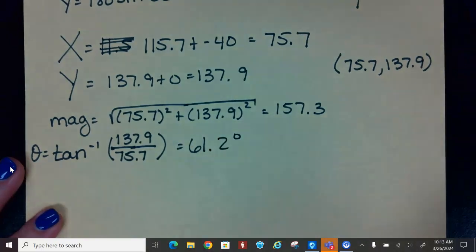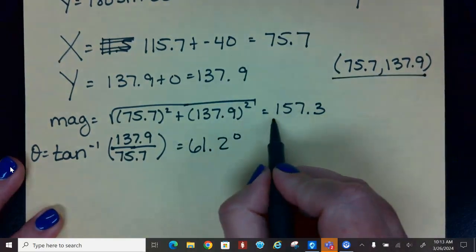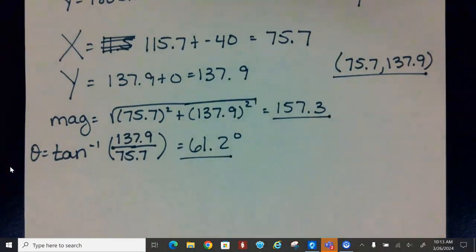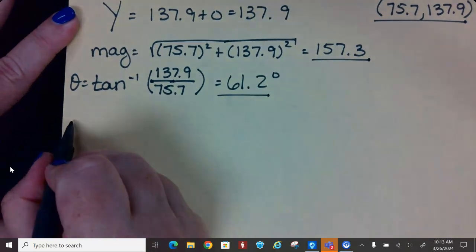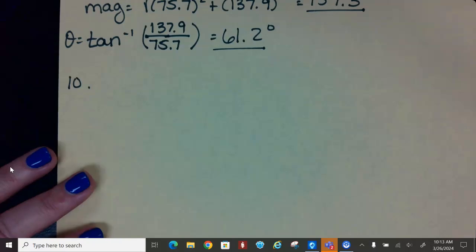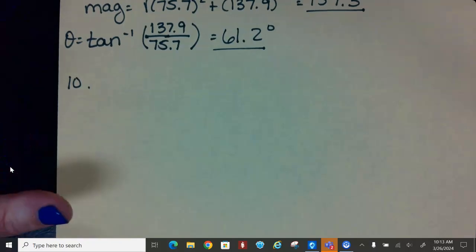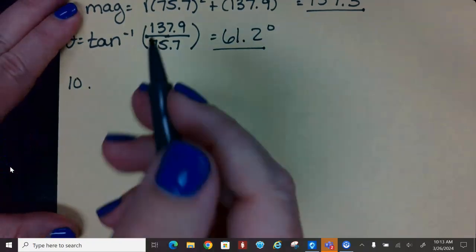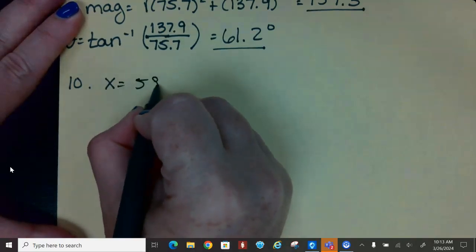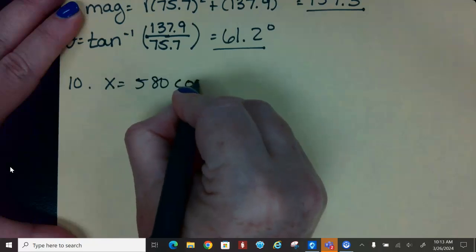And 20 degrees. So here's my component, here's my magnitude, and here's my angle. Those are the three answers we're looking for. Okay, we'll finish out number 10 before I let you go. So it says a plane has a velocity of 580 miles per hour and is headed in the direction of 148 degrees. So this would be 580 cosine.